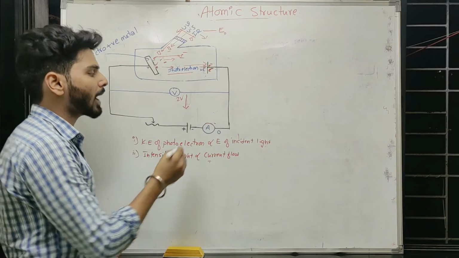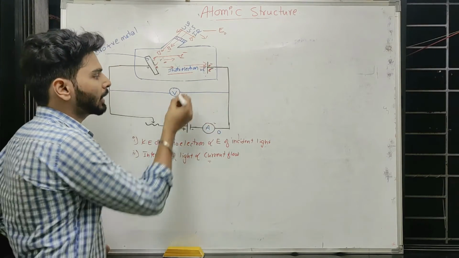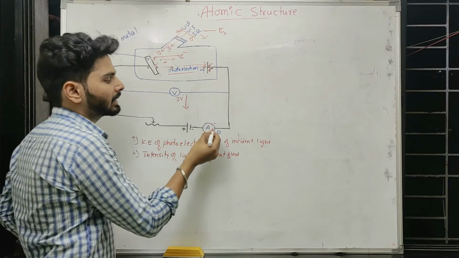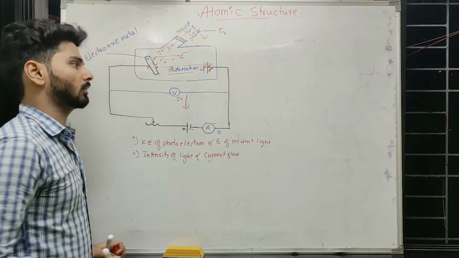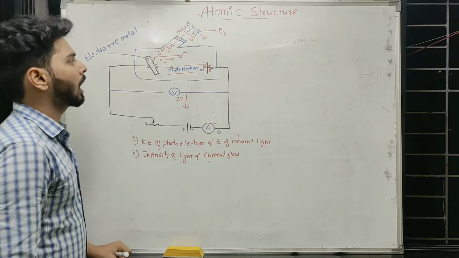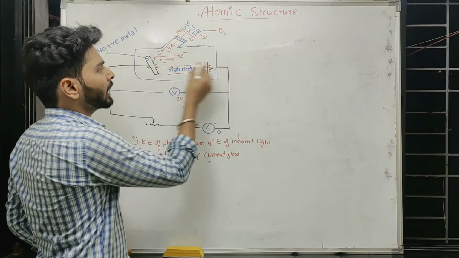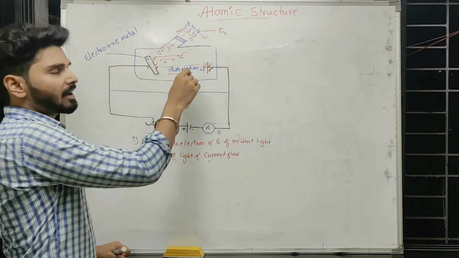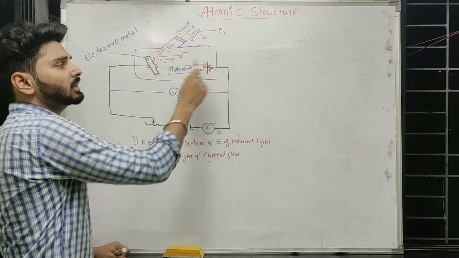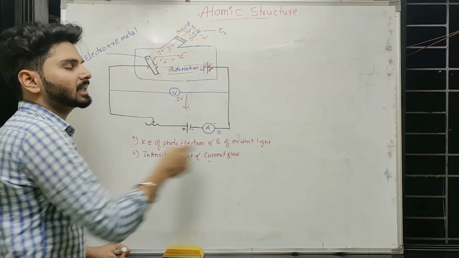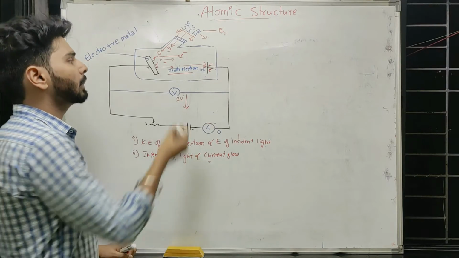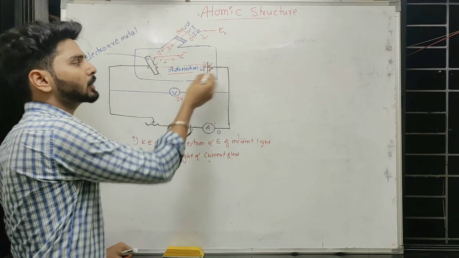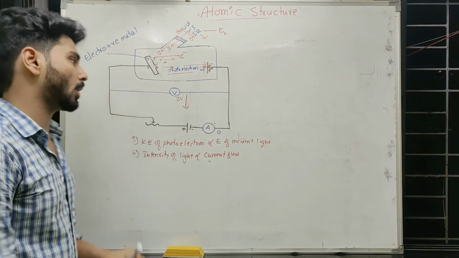So the moment I reverse the voltage, the current will start dropping. Photoelectrons have various kinetic energies; the one with the highest kinetic energy can overcome the repulsion and enter the circuit, but some cannot.